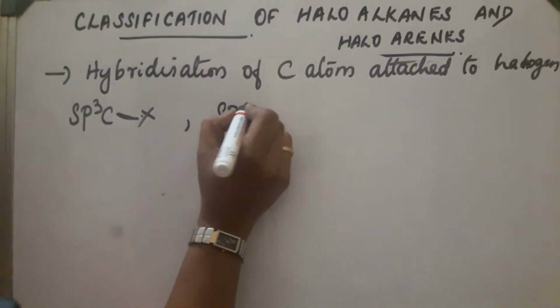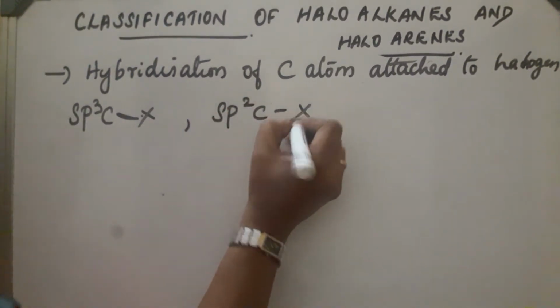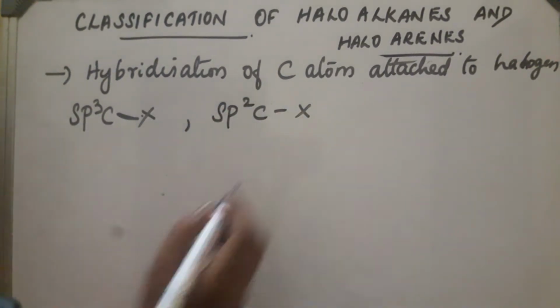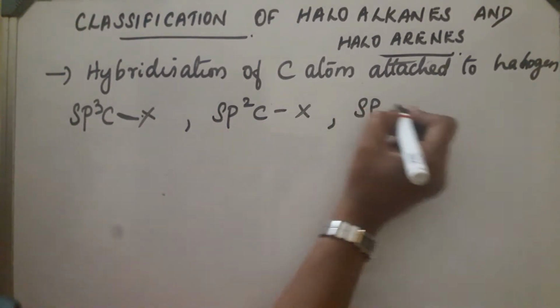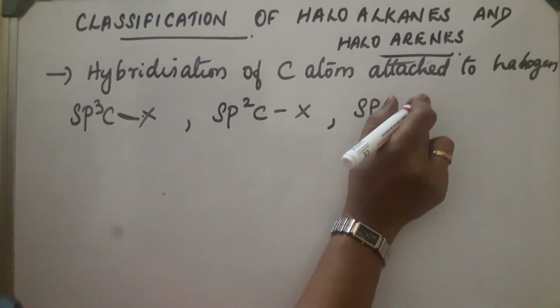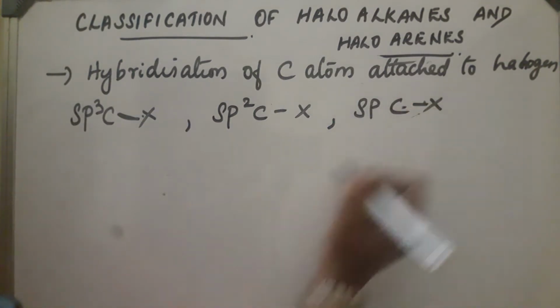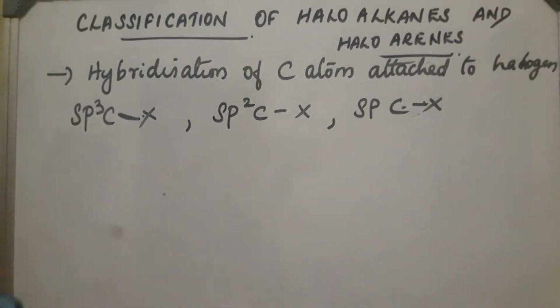The second category is the sp2 C-X bond, where the carbon atom is sp2 hybridized. And next, the sp C-X bond, in which the carbon atom is sp hybridized.